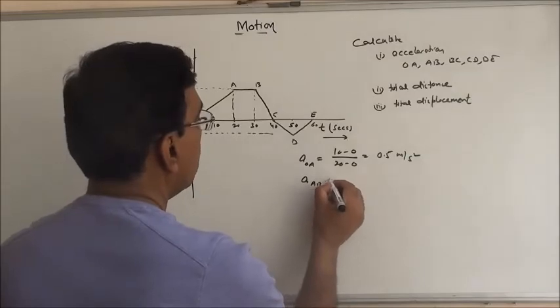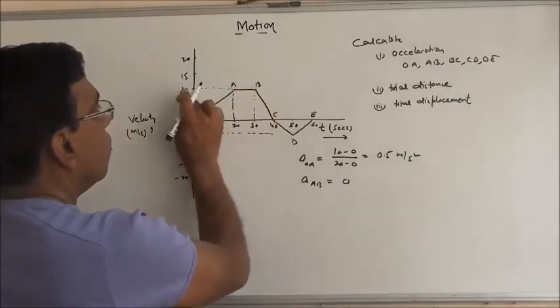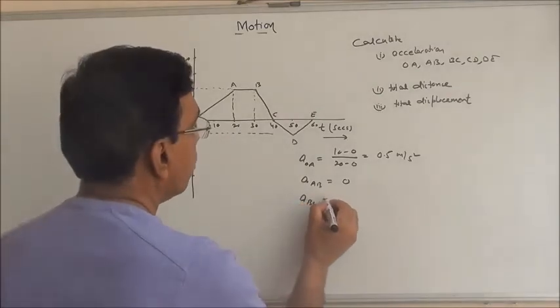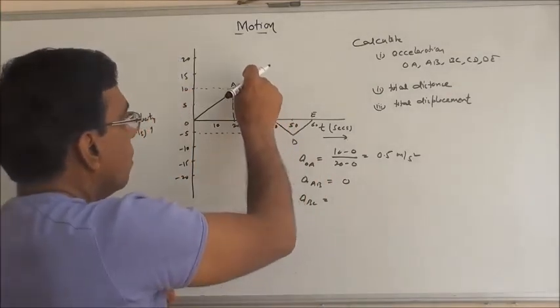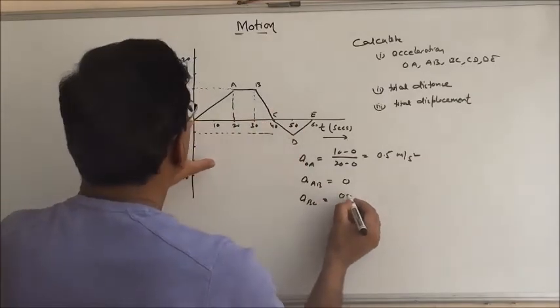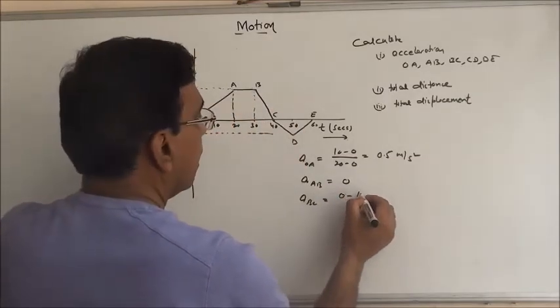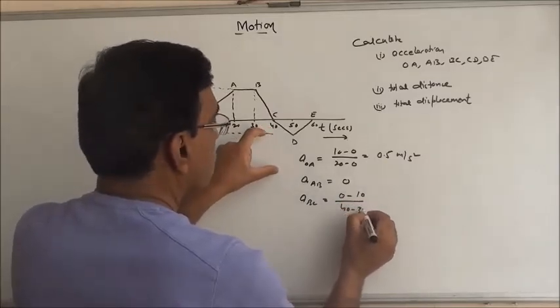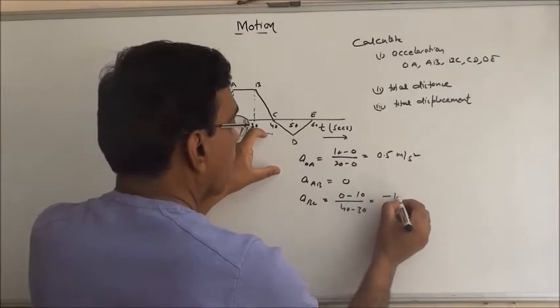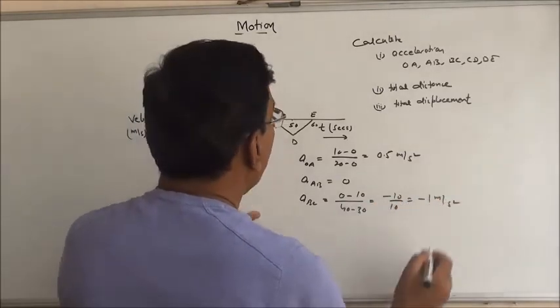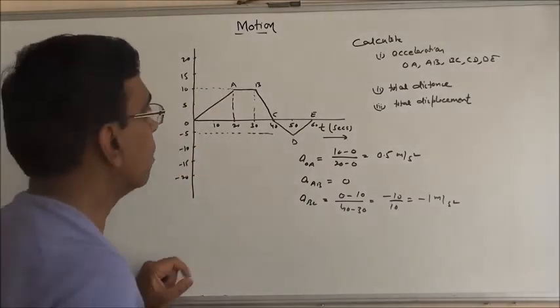Acceleration from A to B is 0, the velocity is not changing. Acceleration from B to C, the velocity is decreasing: 0 minus 10, 40 minus 30, so minus 10 upon 10, minus 1 meter per second square.